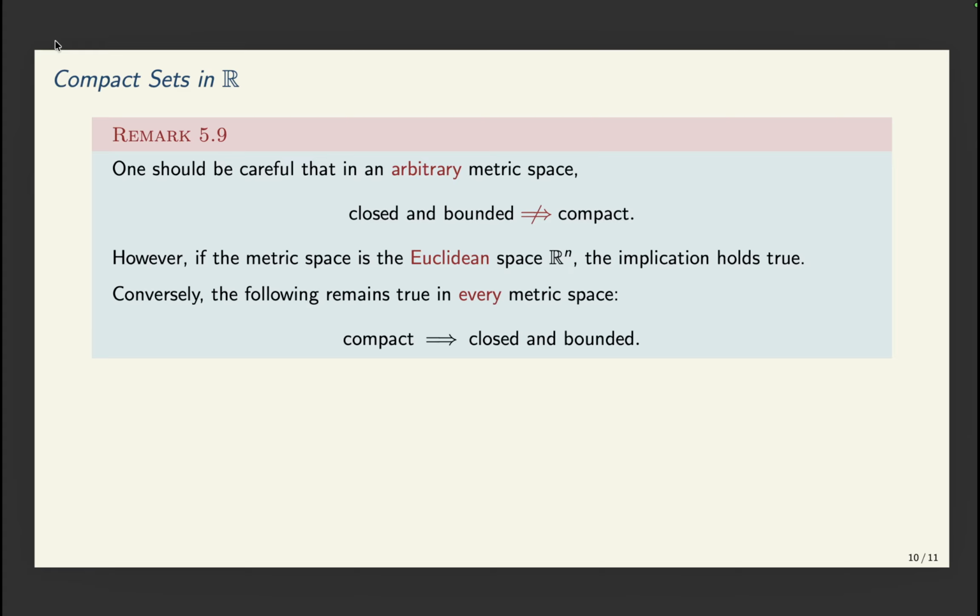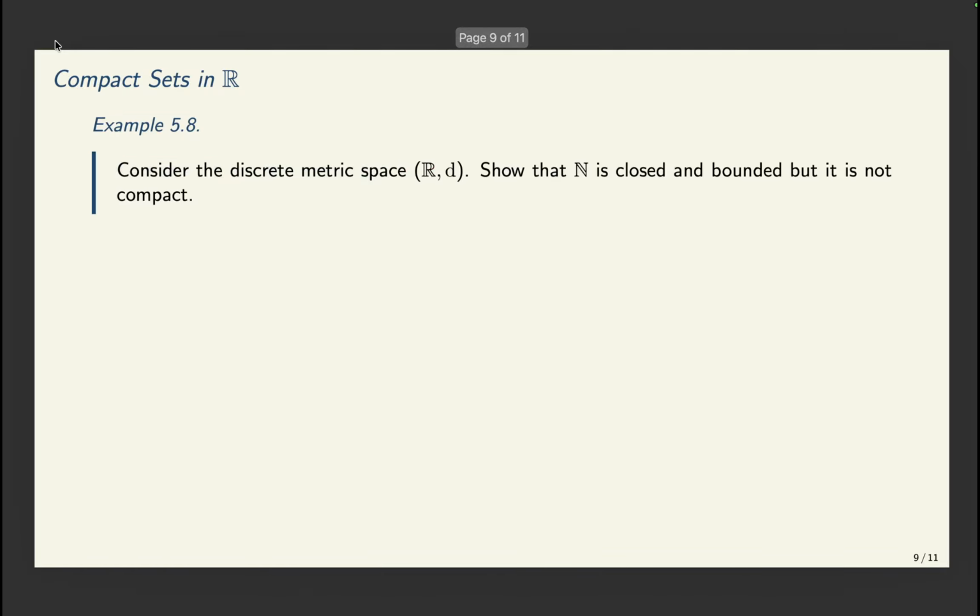But if you know your set is closed and bounded and you are not working in Euclidean spaces, there is no guarantee that your set is compact. The previous one is the example of this. There is no time to do that. I have written the solution in the notes. I really want you to study this one yourself.